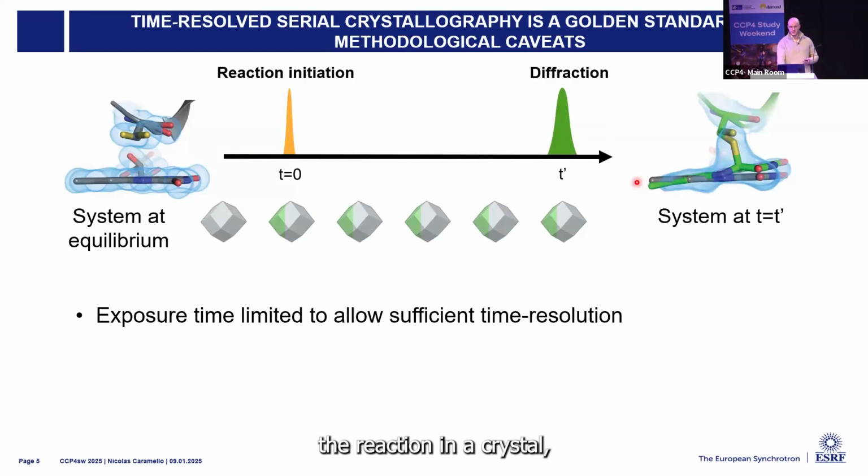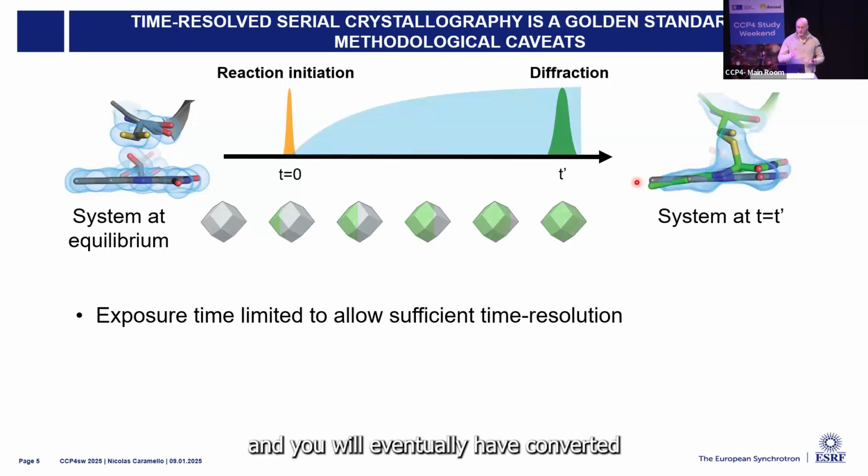Furthermore, when you initiate the reaction in a crystal, either you use a pulse of light and then only convert a part of your crystal, and you have a gradient of occupancy of activated state, or you mix it with something or keep the light on, and you will eventually have converted the entire crystal.